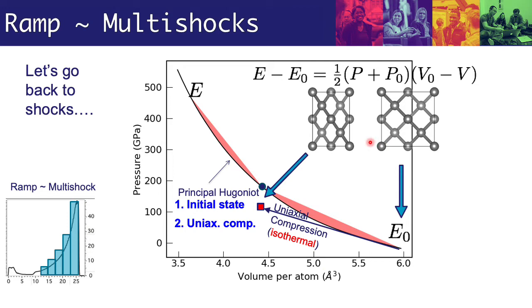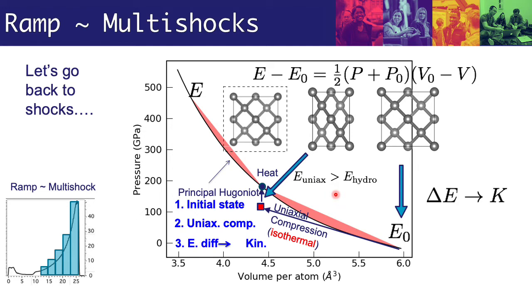We will assume that this compression occurs isothermally because it's instantaneous, and the energy of this state, being less stable, will always be higher than the energy of an equivalent state with the same pressure and density. So this energy difference is actually the stored energy used to heat up the material. So we will use this energy difference as kinetic energy to deduce what the temperature increase will be.